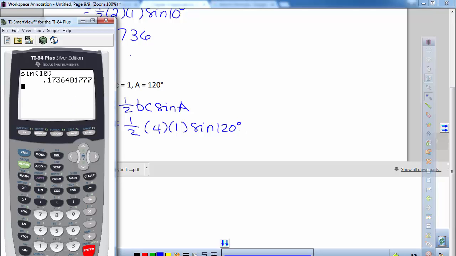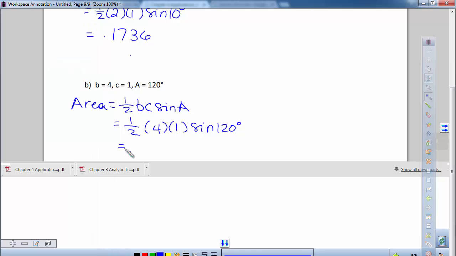So we've got 2 times sine of 120, and I get 1.73. And since we're talking about area, this would be units squared. Up here as well, we would have whatever the units are squared.